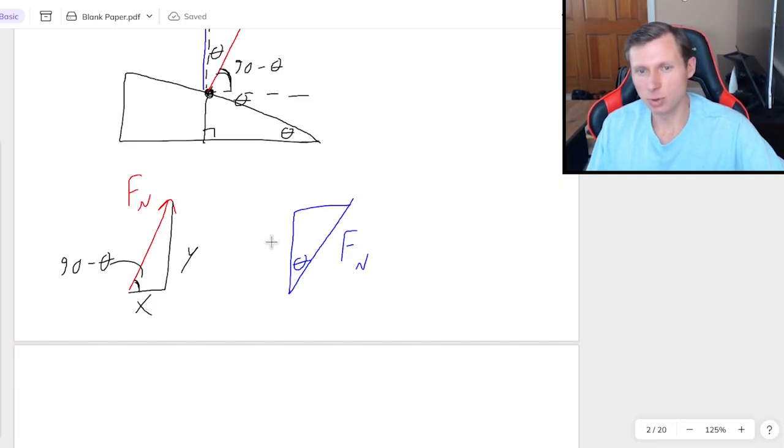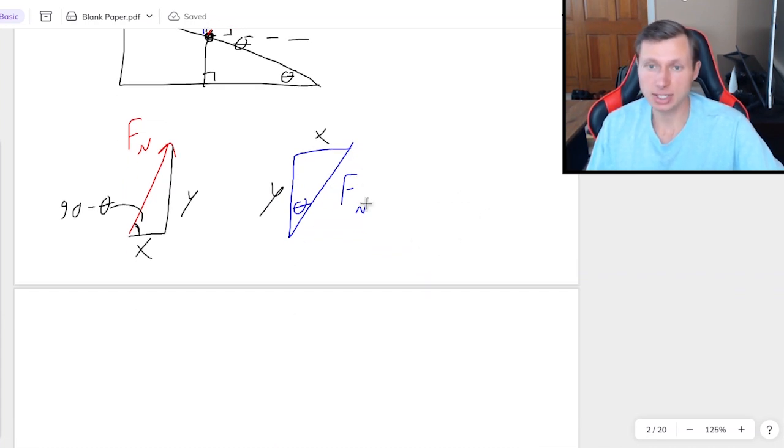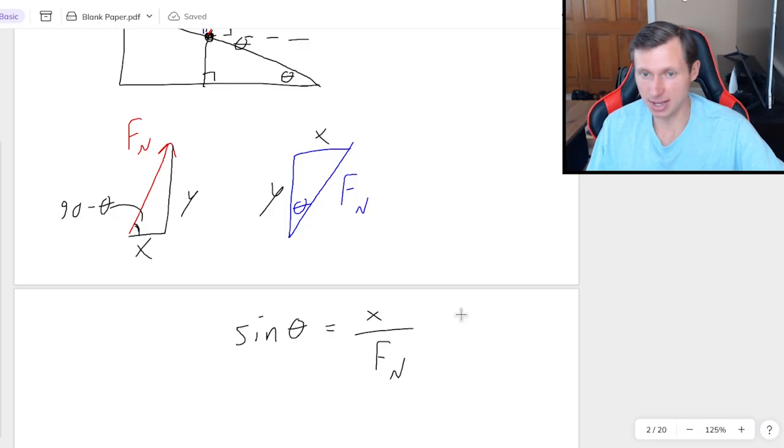But then now, of course, we got to find the x and y components. So in this case, if I want to find the x component, it is going to be sine of theta. Why? Because sine is opposite over hypotenuse, and I know opposite is x, and my hypotenuse is Fn.